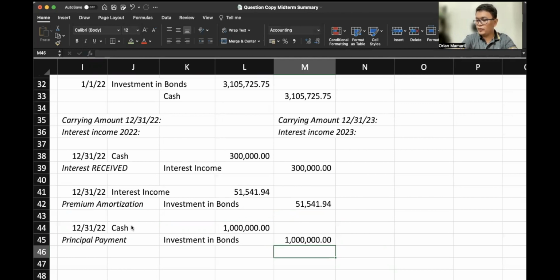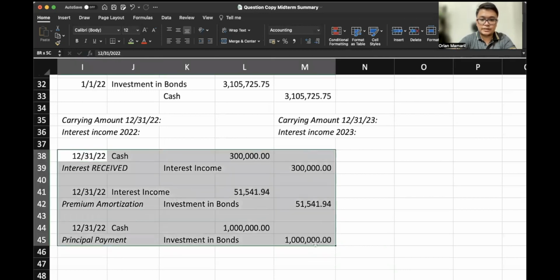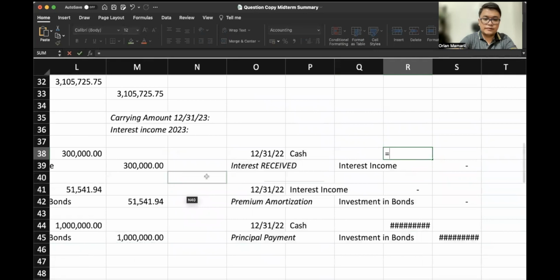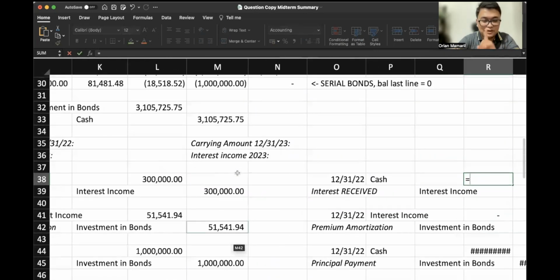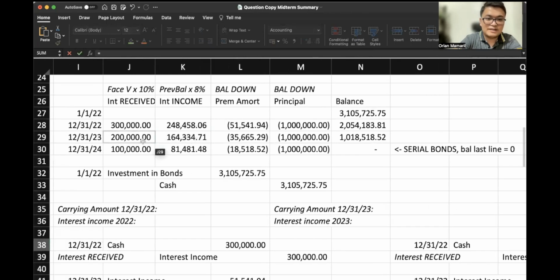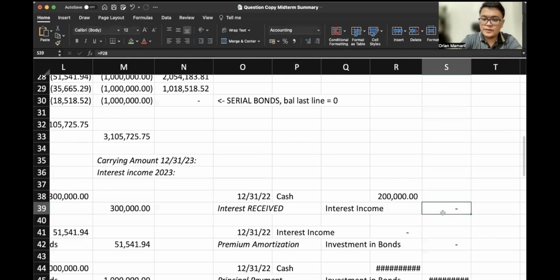And this should be quick for 2023, right? For 2023, you can redo the entries. Same account title, same interest received. Just kidding. Since this is a serial bond, careful, your interest received would decrease, right? Because you reduce your principal. We paid off 1 million of that, so now it's just 200.